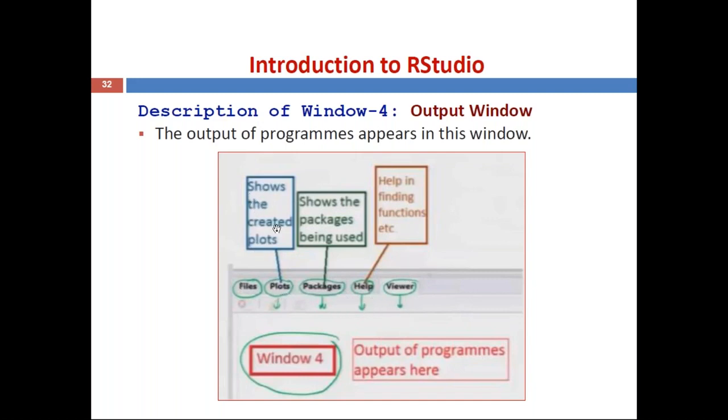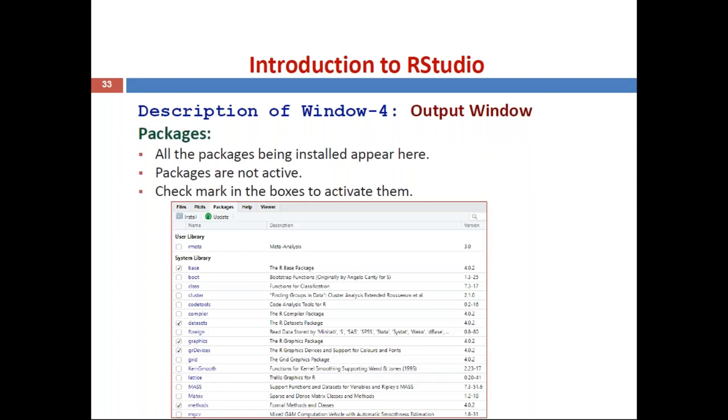Plots shows the created graphic images. Packages shows the packages being used. Help assists in finding functions, etc. So the output of programs appears here. This is window 4, and this is the detailed description of the 4 windows in R Studio.